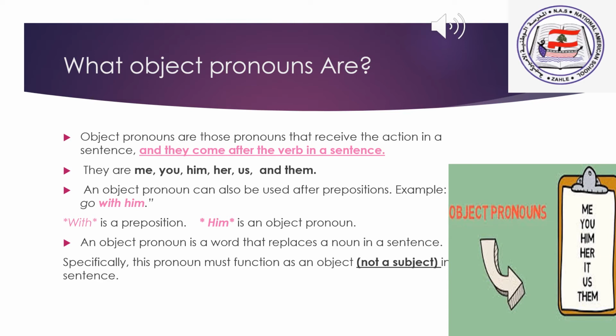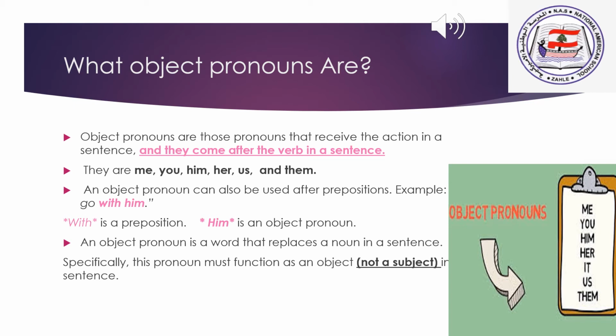An object pronoun can also be used after prepositions. For example, I will go with him. With in the following sentence is a preposition. Him is an object pronoun followed by the preposition.